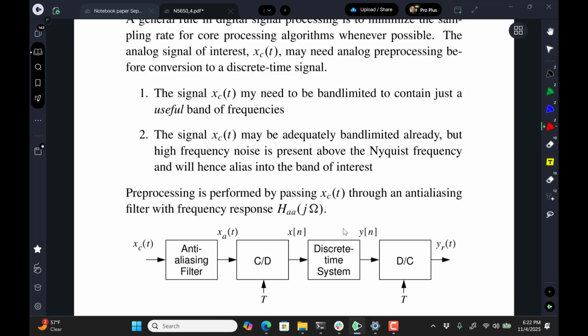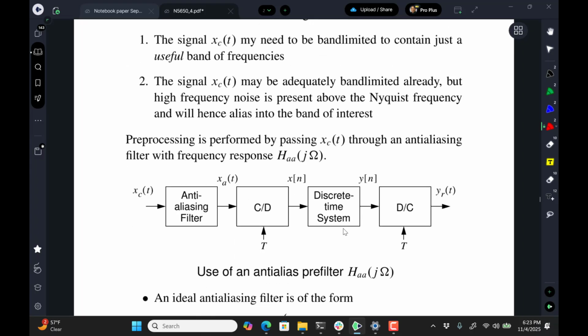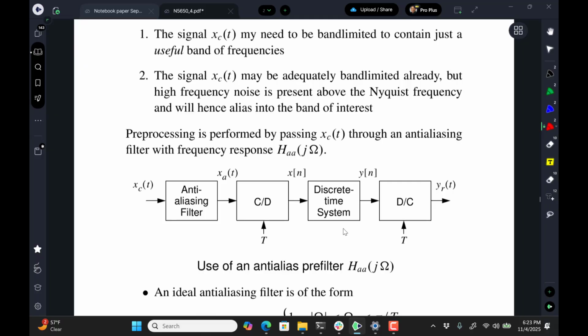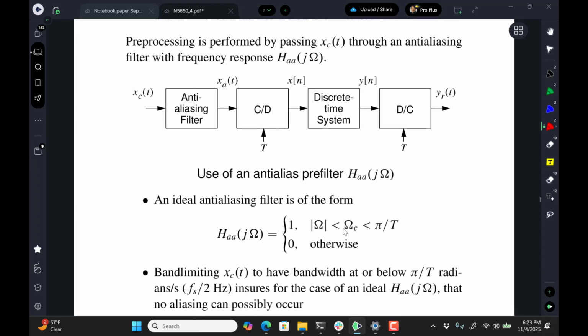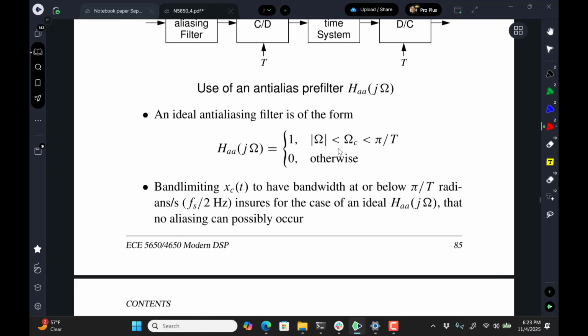But we want that filter to get rid of the spectral content so that when we sample, we don't introduce any aliasing. So ideally, the anti-aliasing filter passes everything up to the folding frequency and blocks everything beyond that.